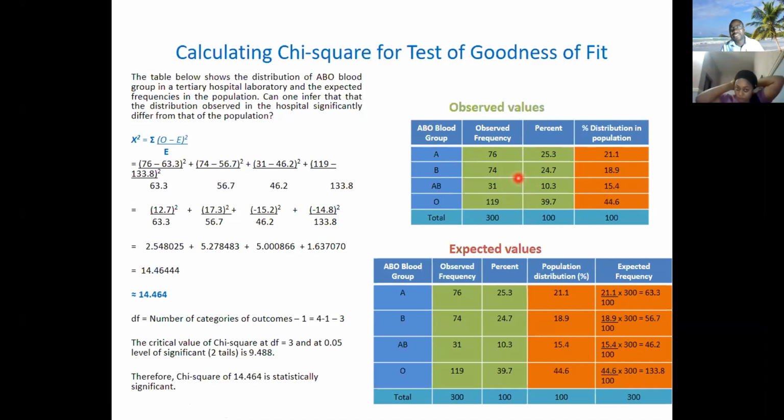If you express it in percentage, you can see 25.3, 24.7, 10.3 for AB, and O is 39.7. The percentage distribution in the population, which is the expected, is 21.1% for A, 80.9 for B, 50.4 for AB, and 44.6 for O. So you can see your own percentage is different from the one in the population.